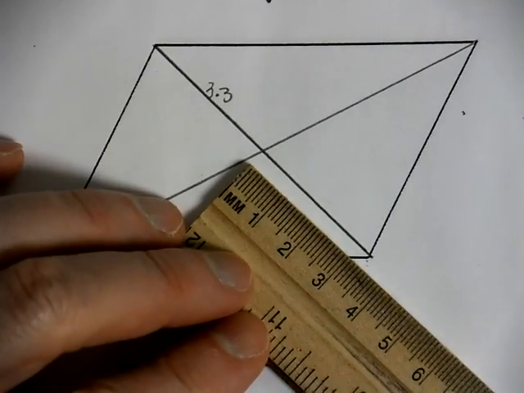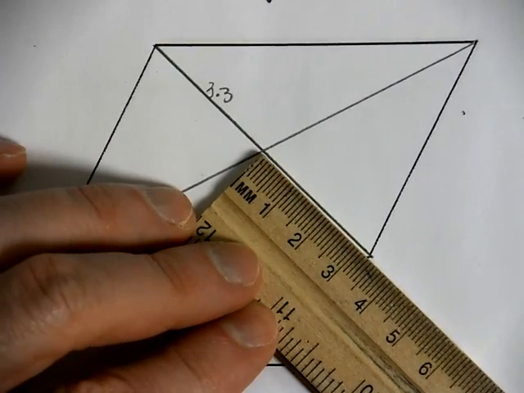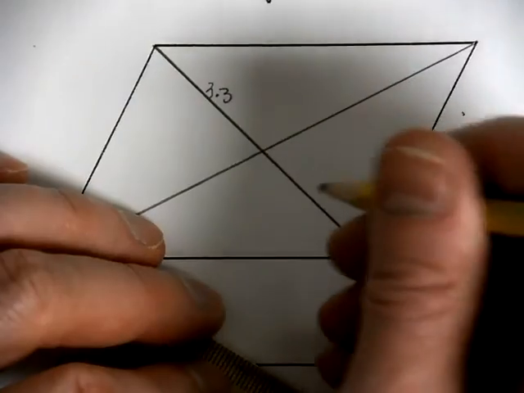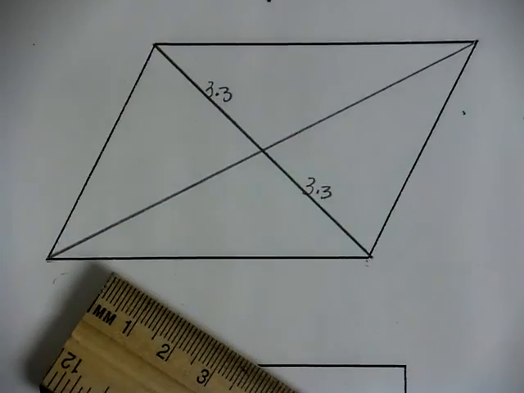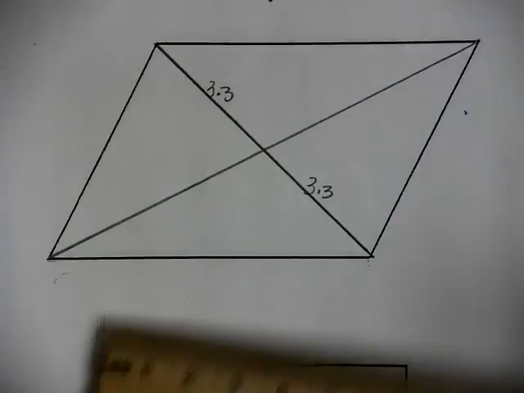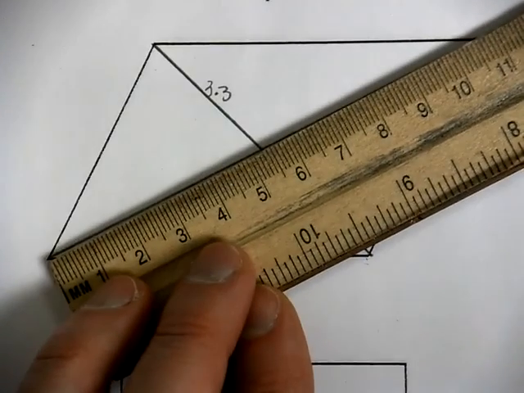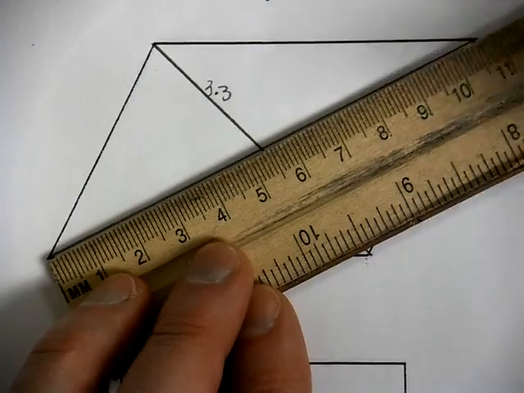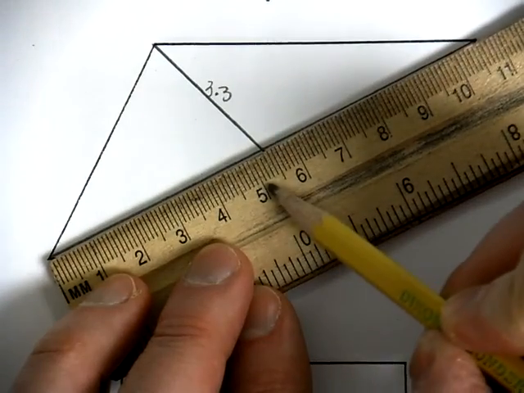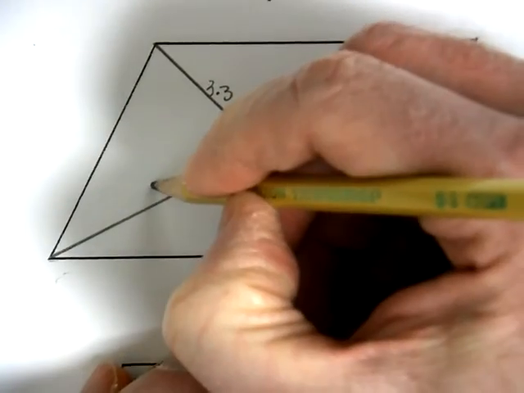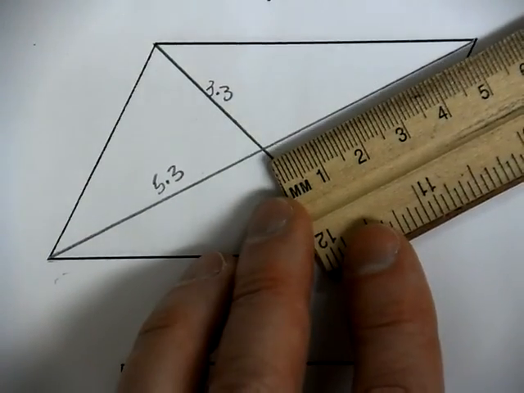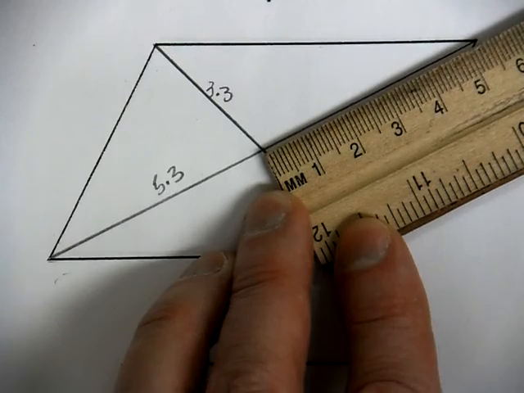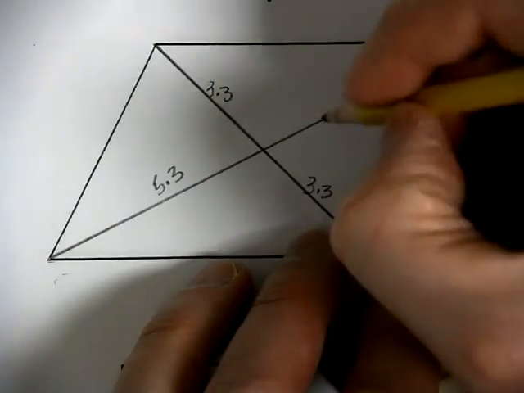So these would be centimeters. And this is about 3.3. This direction looks like 5.3. And this one, 5.3.